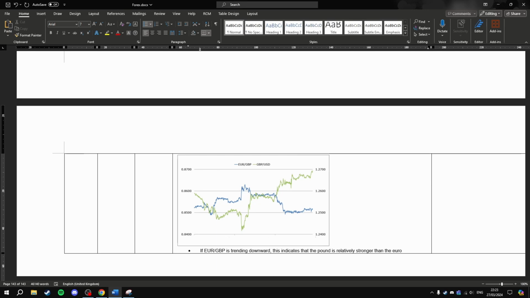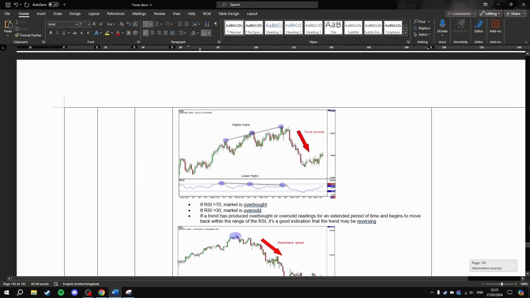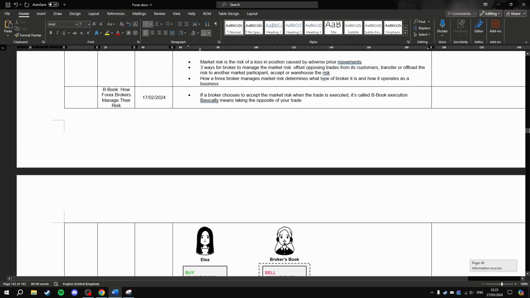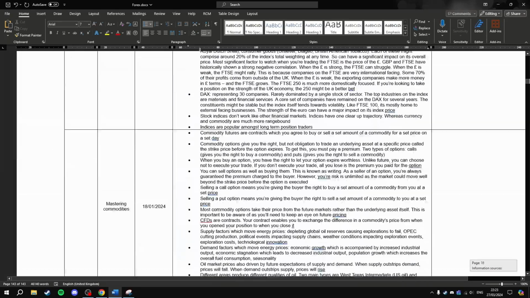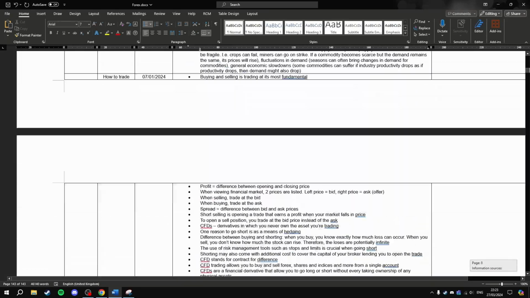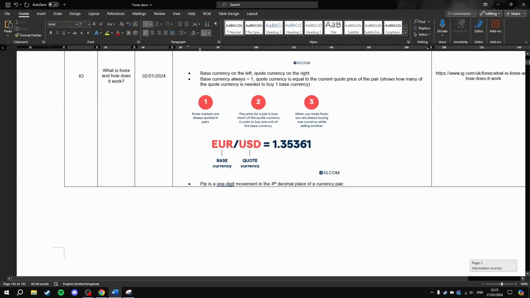Why? Because if we look at the beginning again, right, okay, so base currency, quote currency. The price of the pair is how much of the quote currency it costs to buy 1 unit of the base currency.